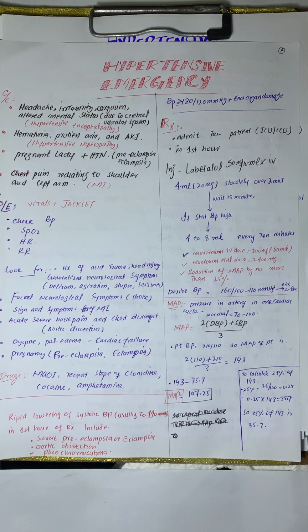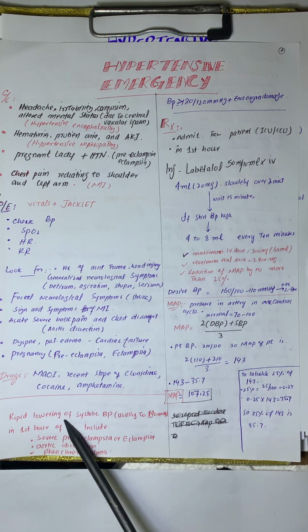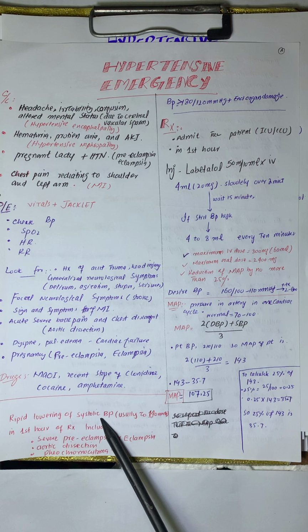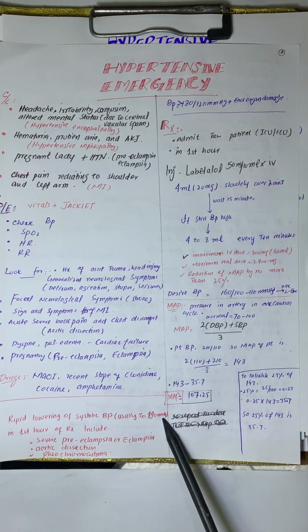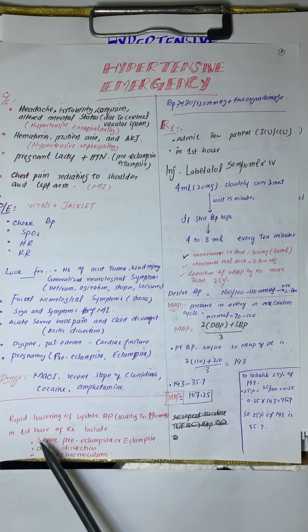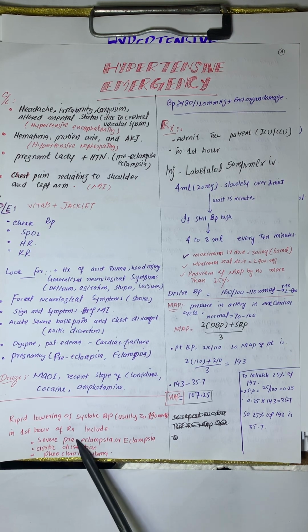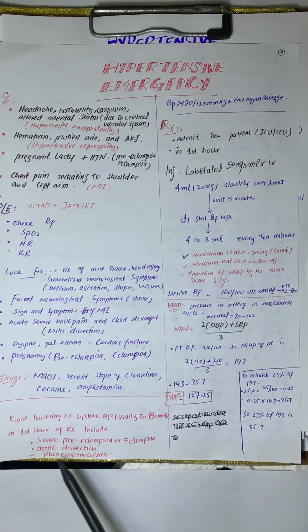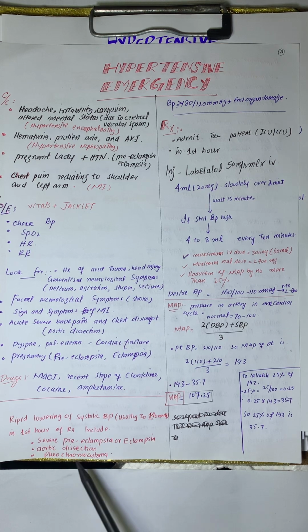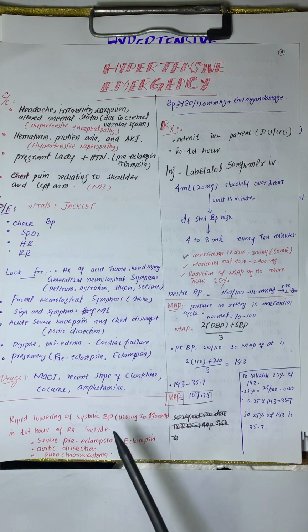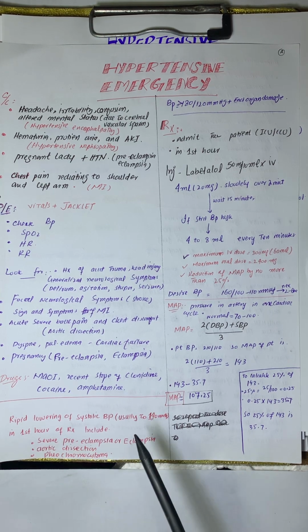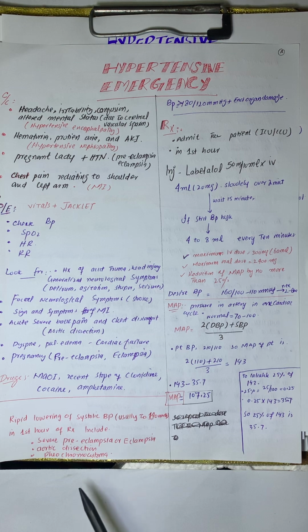In some special cases, rapid lowering of systolic blood pressure, usually to 140 mmHg, is needed in the first hour: in severe preeclampsia or eclampsia, aortic dissection, and pheochromocytoma. In these special cases, in the first hour, rapid lowering of the systolic blood pressure is needed.